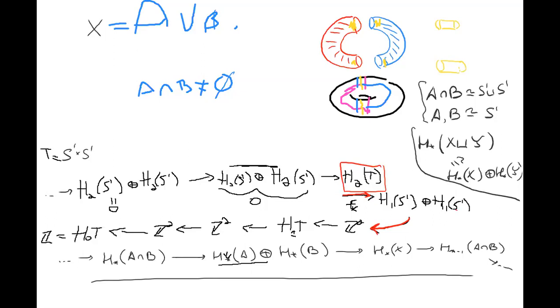How to describe the map? You know that this is Z squared as well, because this is just H1 of S1 is Z and H1 of S1 is Z. So you have a map from Z squared to Z squared. And what is this map?